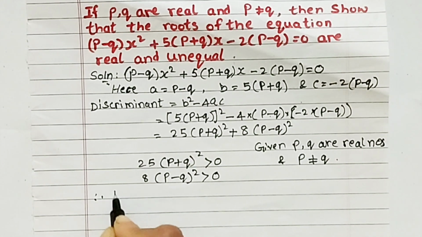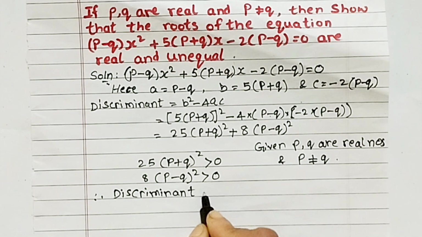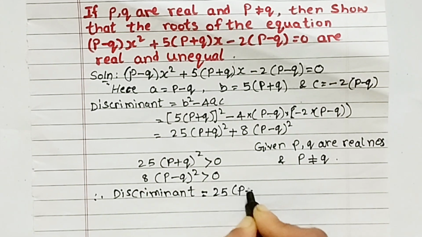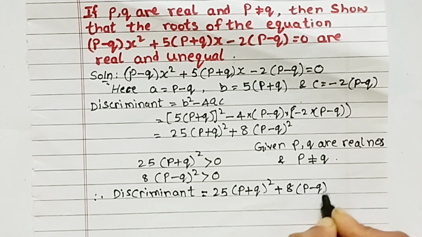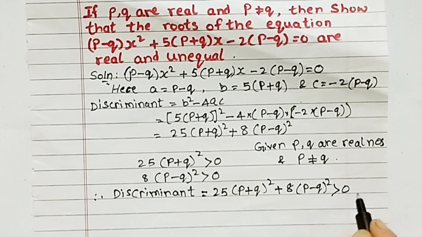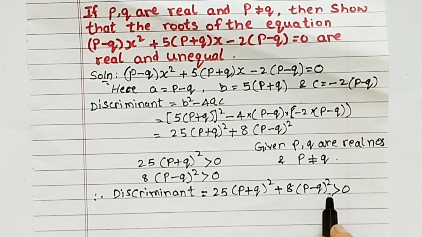Therefore, discriminant 25 into p plus q whole square plus 8 into p minus q whole square is greater than 0. Because here 25 p plus q whole square greater than 0, 8 p minus q whole square greater than 0. That means when we add these two, we will get a positive number, that is greater than 0. So the discriminant is greater than 0.